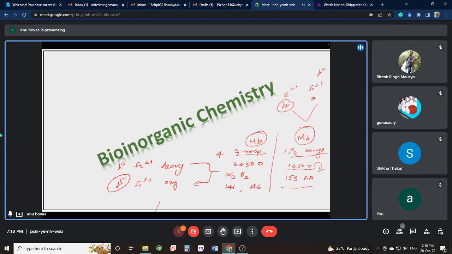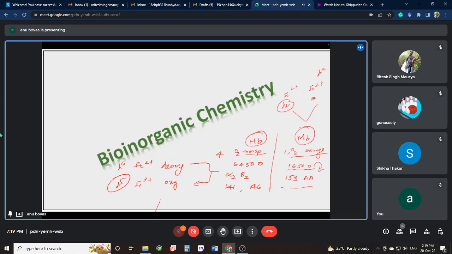We also learned about hemocyanin. Hemocyanin does not have a heme group, and it does not even have a cyanide group. It has copper used for oxygen transport, and it is called blue blood. In the deoxy state it is diamagnetic because Cu will be in the +1 oxidation state, d10.